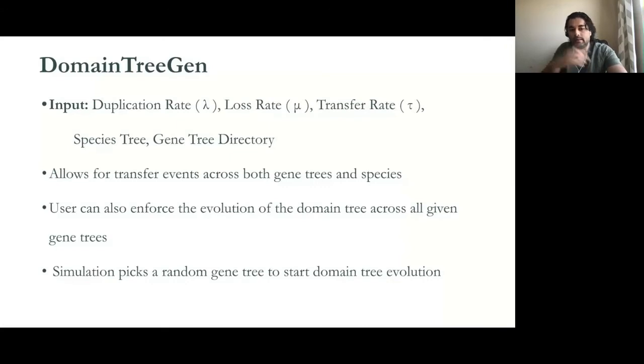And this essentially picks a random gene tree to start the domain tree evolution, and using the parameters that you give it, just like before, it evolves a tree that essentially evolves down all these different gene trees, which in turn evolve down species trees, which would give you now a way to further evaluate methods which look at domain tree evolution and reconciliation with gene trees and species trees.